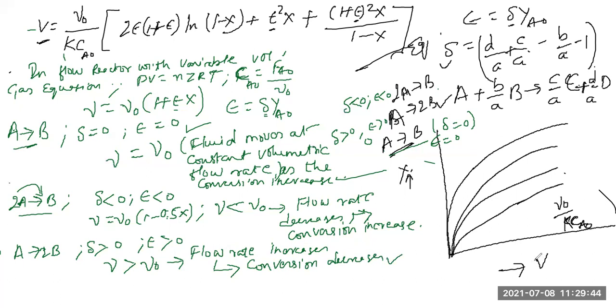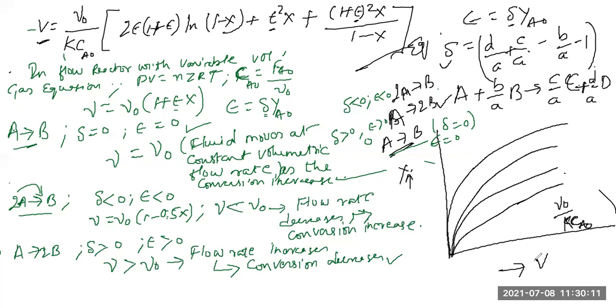So this is it, right? We just have to look at the residence time. When your volumetric flow rate increases, that means residence time decreases, right? The reactant would be for less time inside the reactor. Less time means the reaction would be less, so conversion will decrease, right?